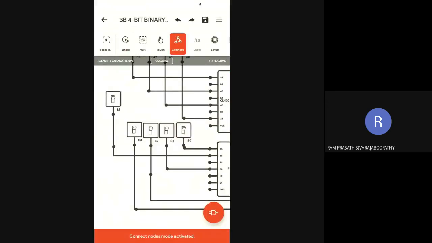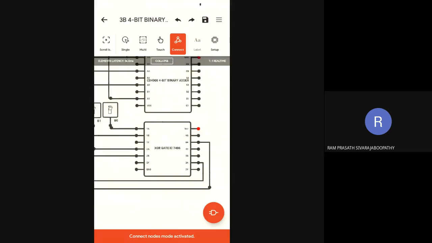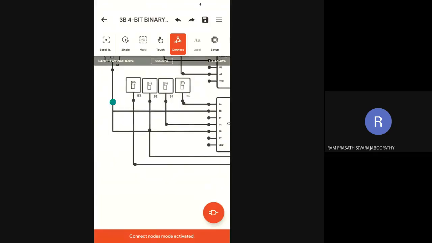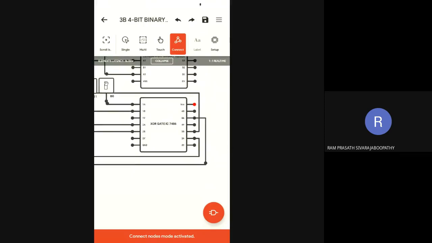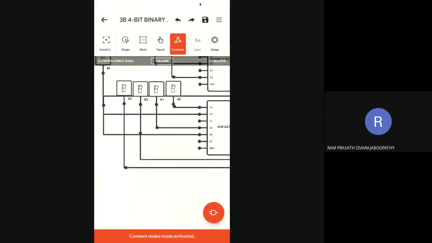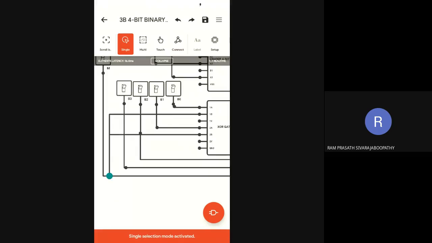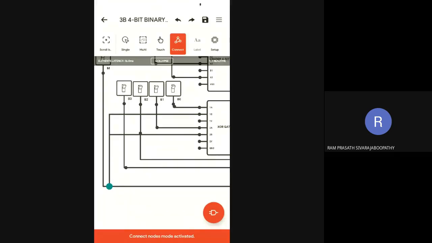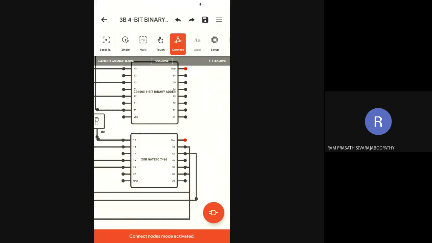M is given as a second input to all the XOR gate IC. 3B, 4B. Is it clear for everyone?